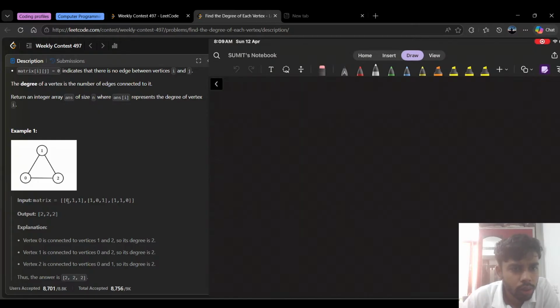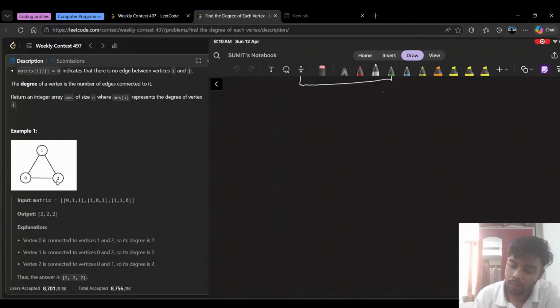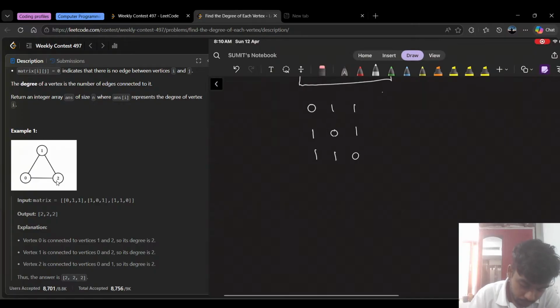Okay, like this, 0 to 1. 0 1 1, 1 0 1, 1 1 0. 0 to 0. 0 to 1. 0 to 1.